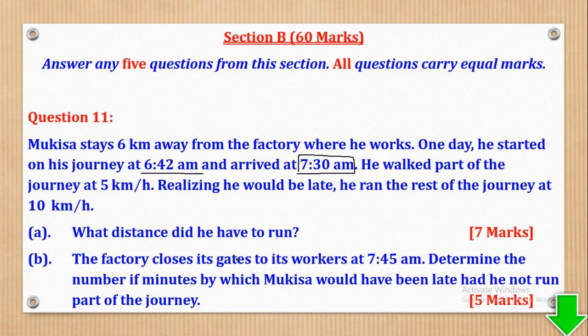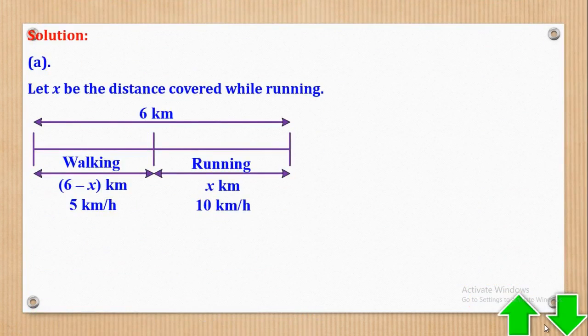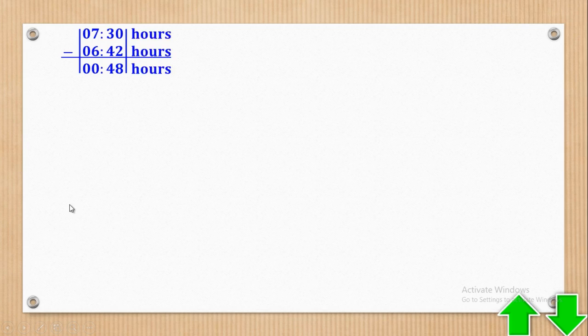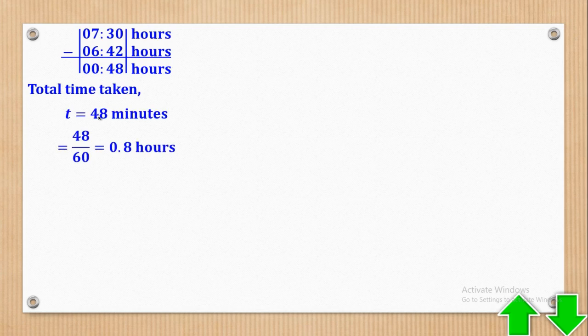So let's first do that. 7:30 minus 6:42 will give me 48, meaning that the total time taken both while walking and while running will be 48 minutes. Therefore, when I convert these minutes to hours, I'll divide by 60 to come up with 0.8 hours.